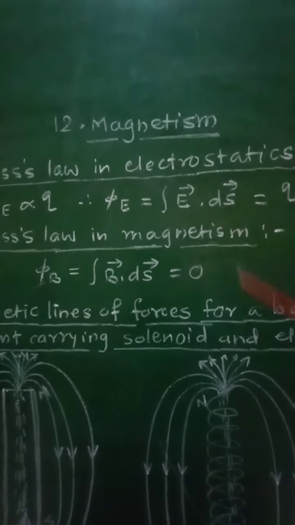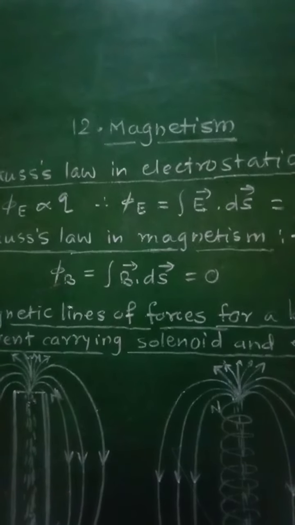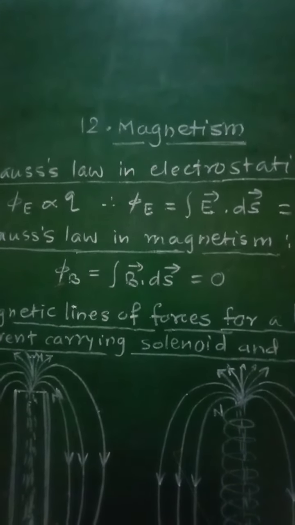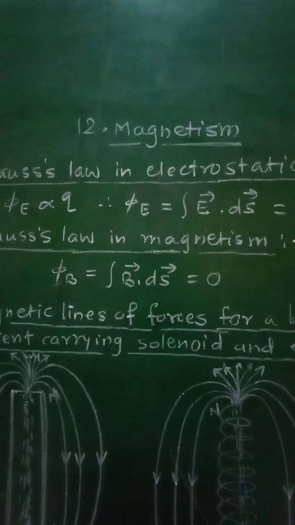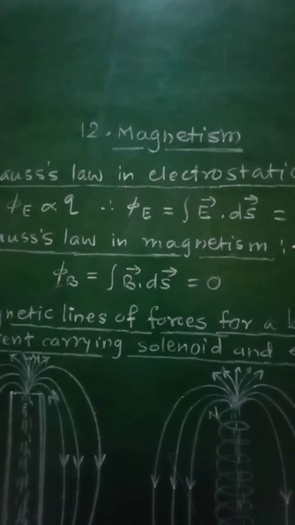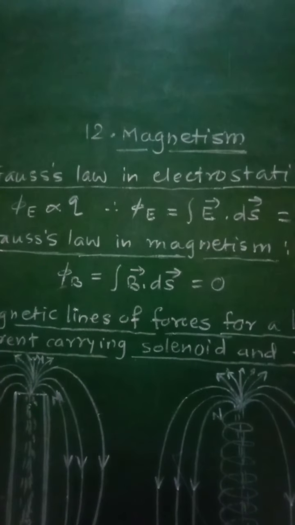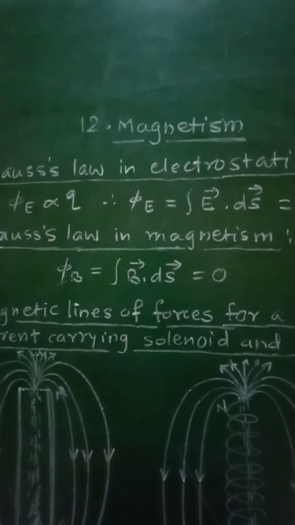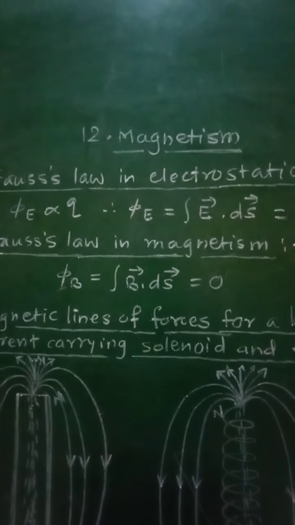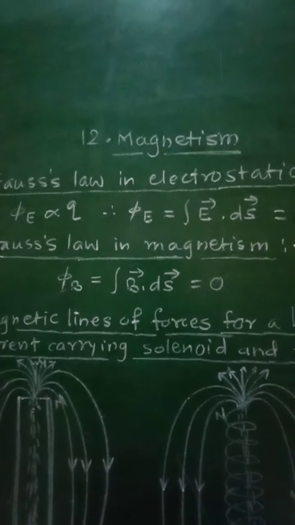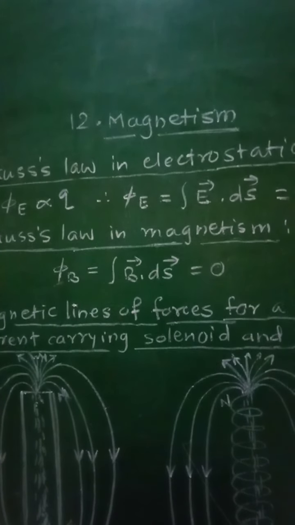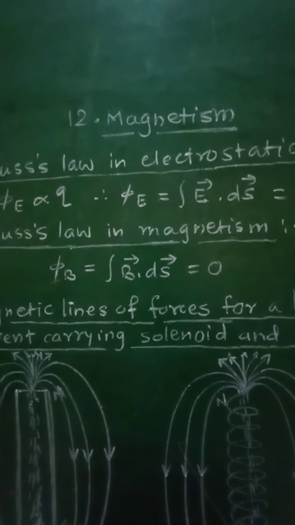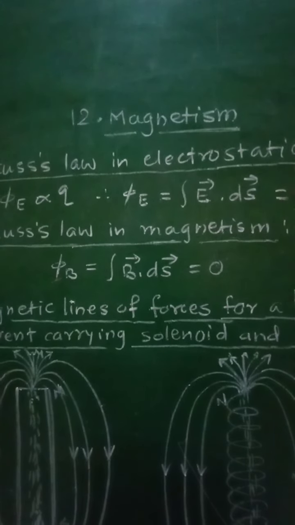Gauss law in electrostatics. In case of electrostatics, Gauss law states that the net electric flux through a closed Gaussian surface is directly proportional to the electric charge enclosed by that surface.